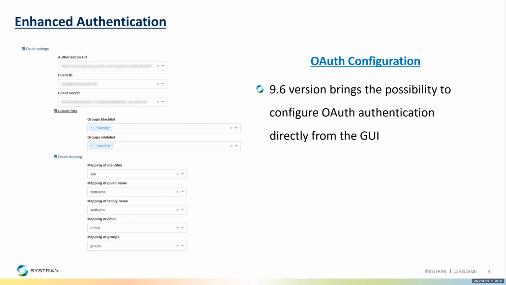It enables apps to obtain limited access to a user's data without giving away a user's password. So it decouples the authentication from authorization, and it supports multiple use cases addressing different device capabilities. Just so everyone understands what OAuth is, I briefed you about that. So this is what we have in 9.6, a new UI to configure OAuth authentication.